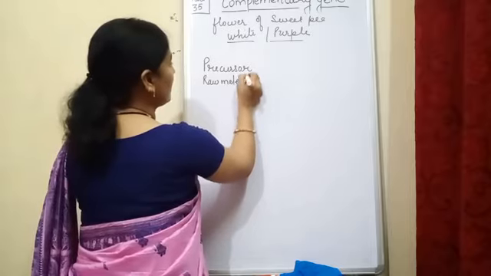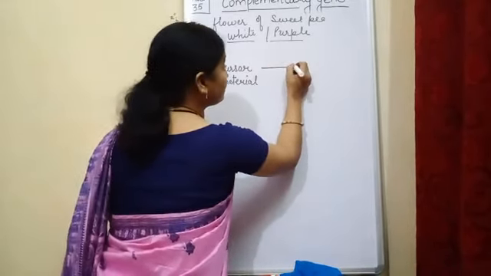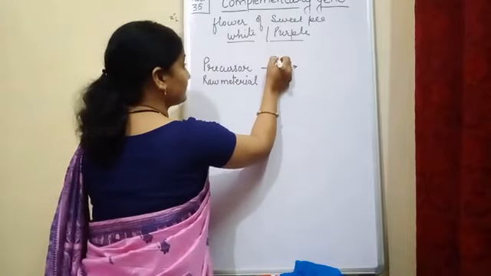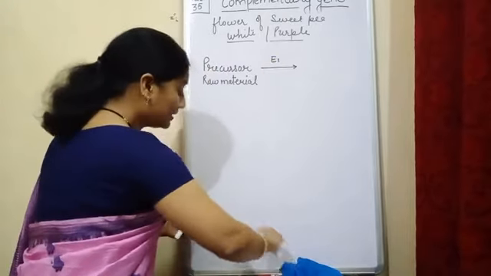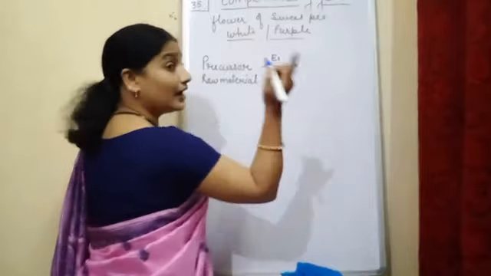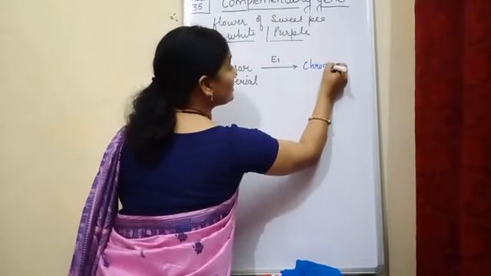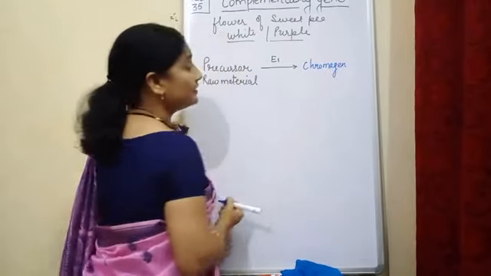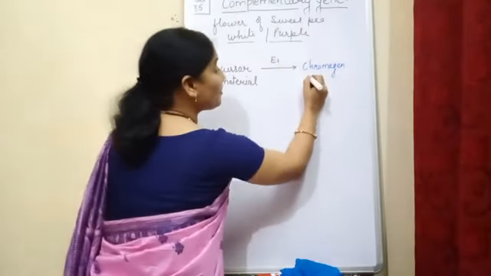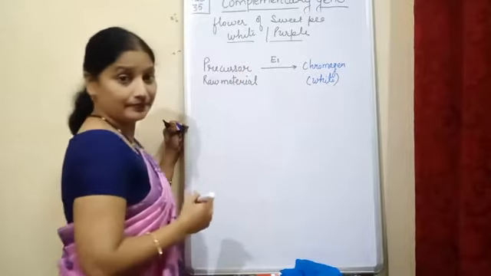Now, with the help of enzyme 1, this raw material will produce a chemical called chromogen. And this chemical is responsible for the white color of the flower.